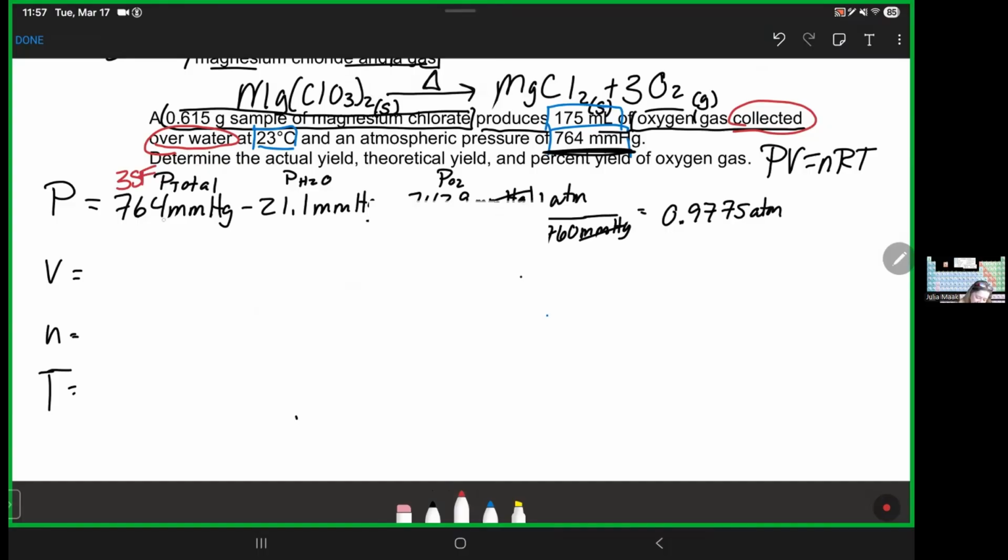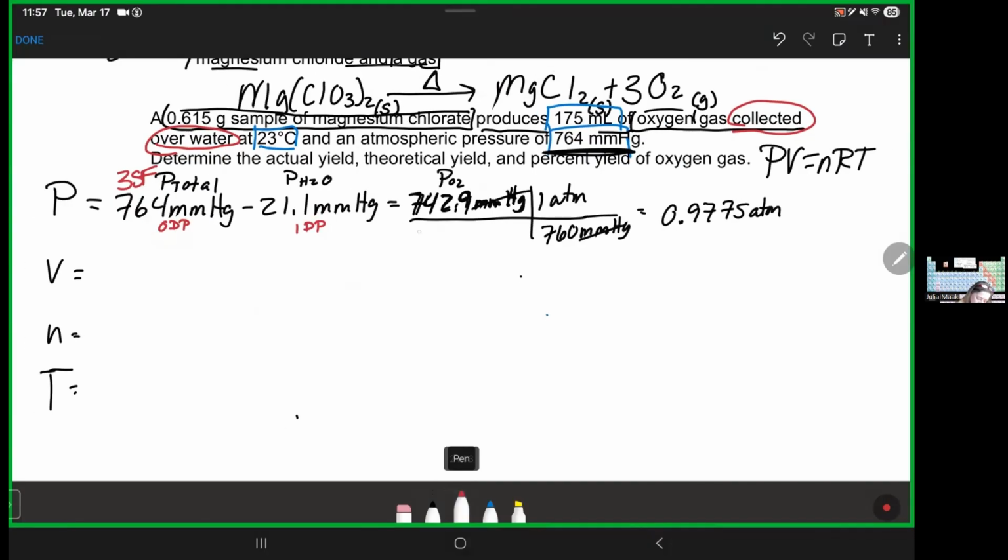Okay, and 0 decimal places when we did that subtraction, since the 742.9 millimeters of mercury is technically 0 decimal places, so that's just the 742. Okay, so we have the 0.9775 ATM.